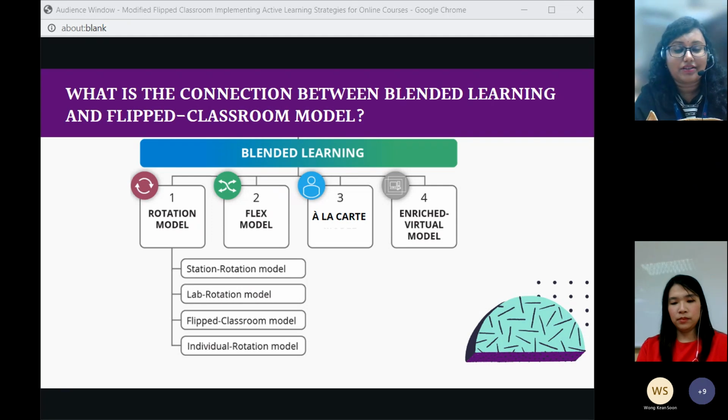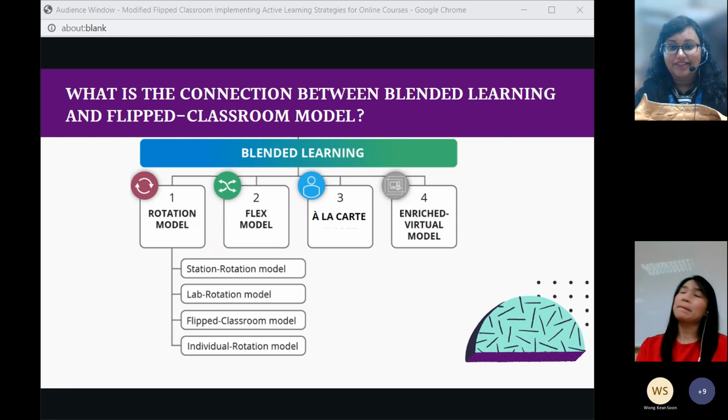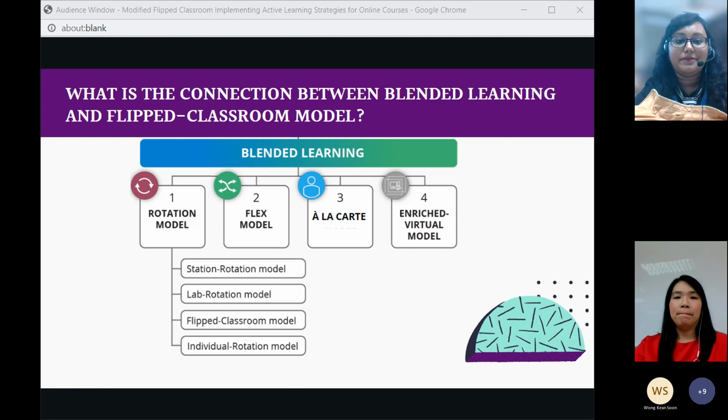I've also seen the word self-study, right? When you say self-study, it doesn't mean you leave them alone, it means you provide all the materials and they do the studying there. Okay, so after studying, they come to class, they do activities. Next slide, Wendy.